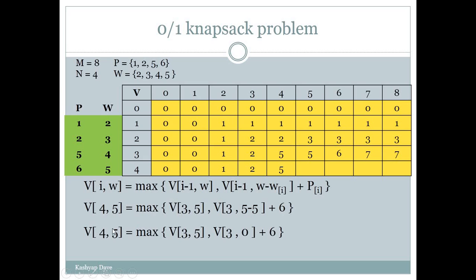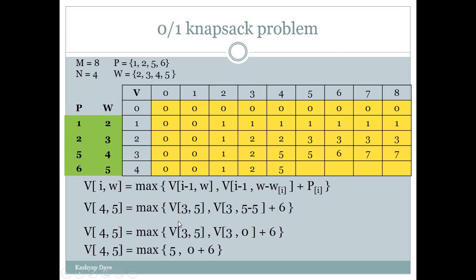So now our equation will be the maximum of V3 comma 5 or V3 comma 0 plus 6. So here 3 comma 5 is available in this table, and 3 comma 0 is also available in this table. So we will have to calculate that.